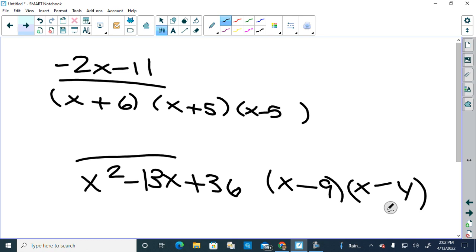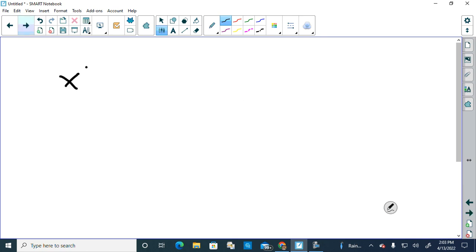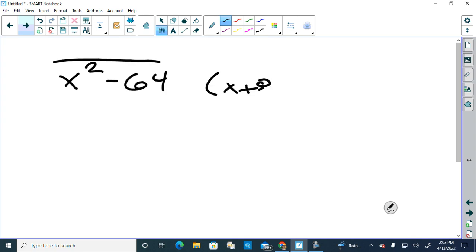Okay, 23 is 4xy squared z to the third minus 5 on top over y to the fourth z to the fifth. Okay, number 24 is 13x plus 8 over, if they have it put together on the denominator, x squared minus 64, okay? Or x plus 8 and then x minus 8.